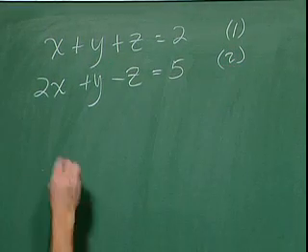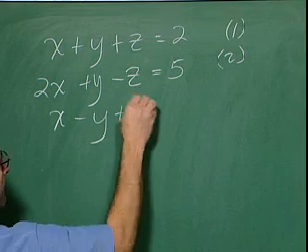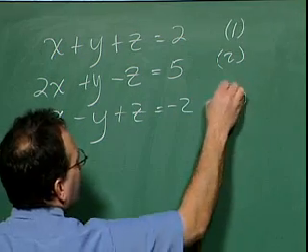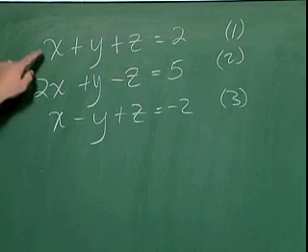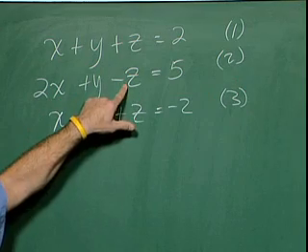Then I have x minus y plus z is equal to negative 2, and that I will refer to as equation 3.